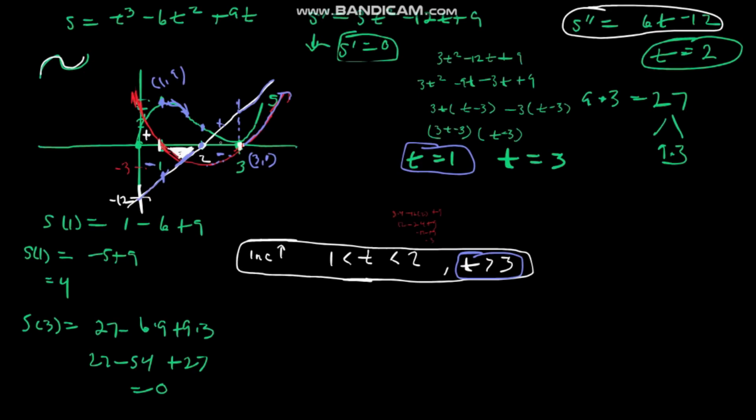You're decreasing in speed, and that's going to be for the intervals 2 to 3 here. Those are when the signs are different, and also 0 to 1. So you're decreasing. Such a hard thing to describe. You could say t is 0 to 1, and also t is between 2 and 3.